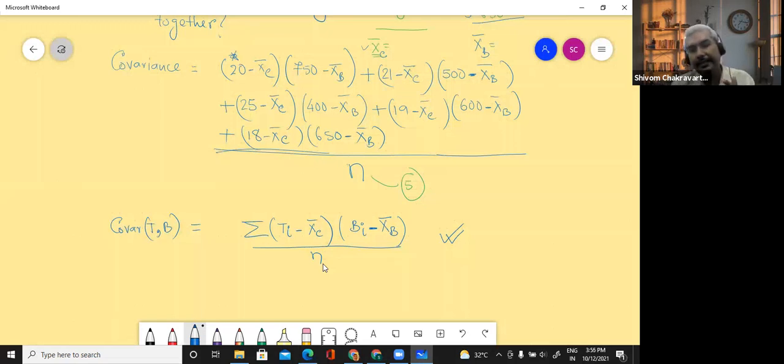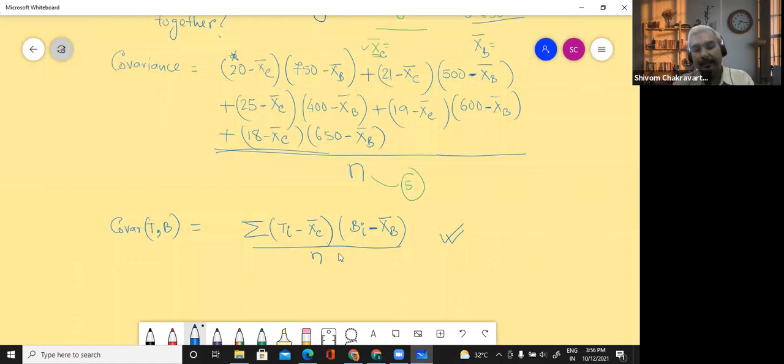When one is increasing, whether the other is increasing, that is directly proportional, or when one increases the other decreases, that is inversely proportional. The sign itself will tell. Covariance can be negative or positive.